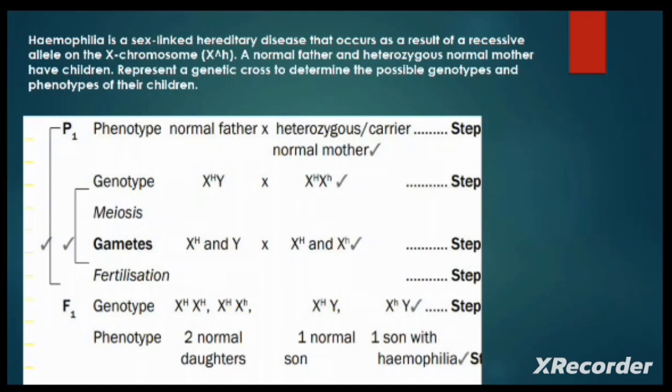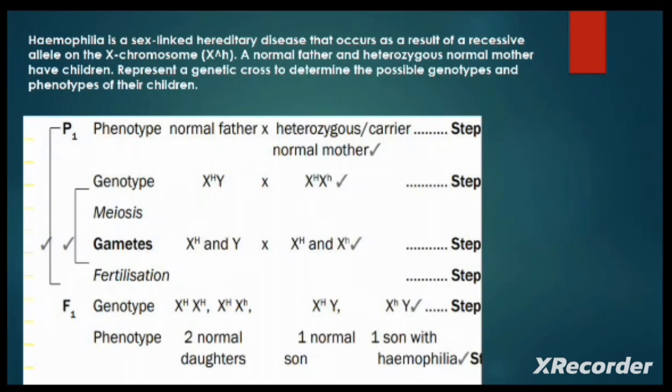And then genotype, how do you find the genotype of the children? You're going to take the first X that has exponent capital letter H, you combine it with the first X on the mother with capital letter H, you put them together. That is X capital letter H, X capital letter H. The second one, you take the first X of the father, and then you combine it again with the last X of the mother.